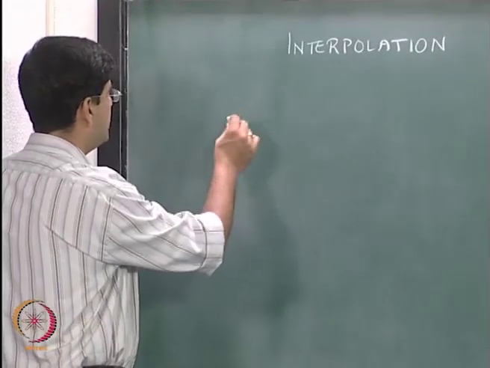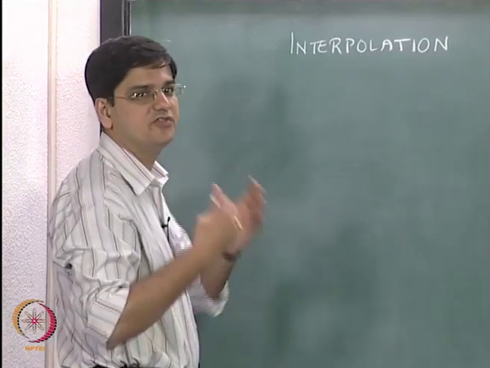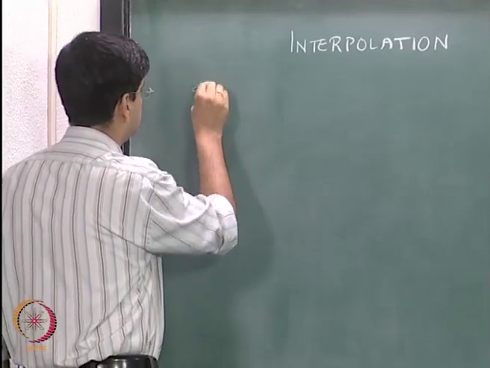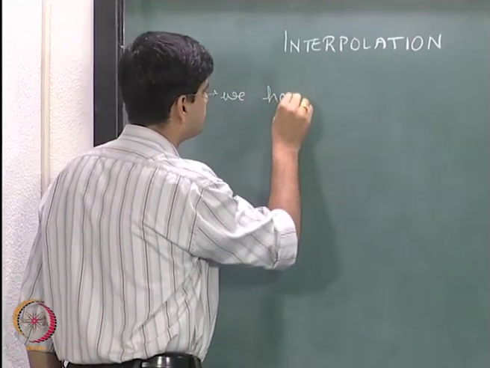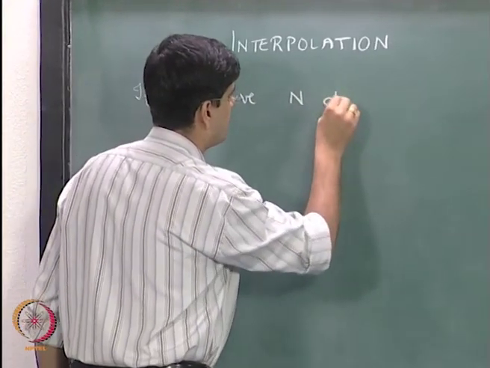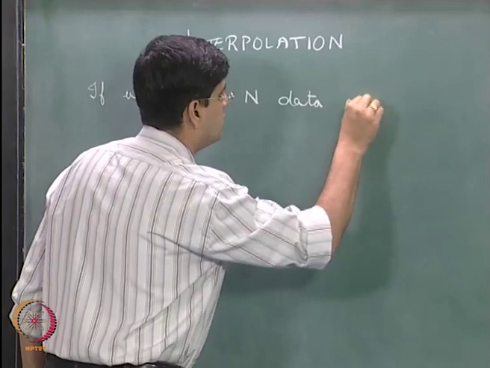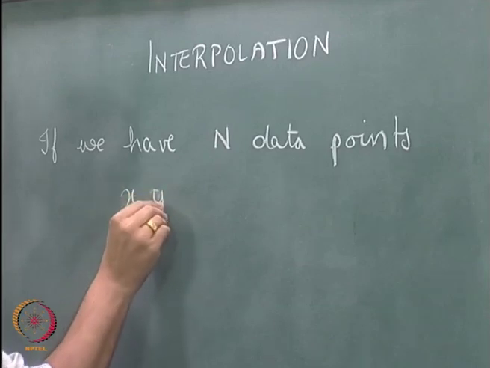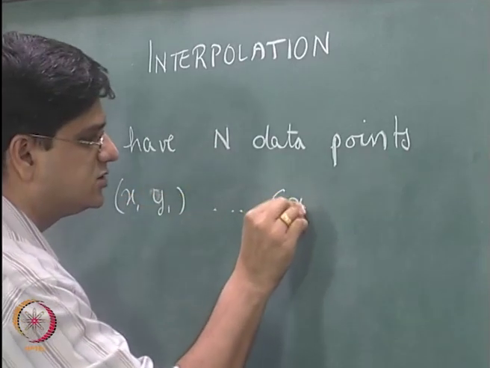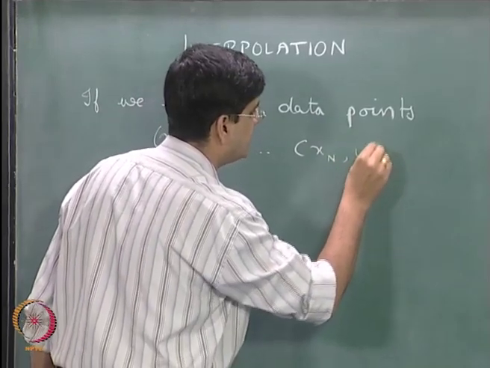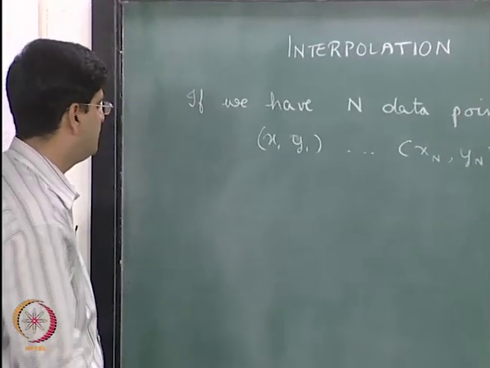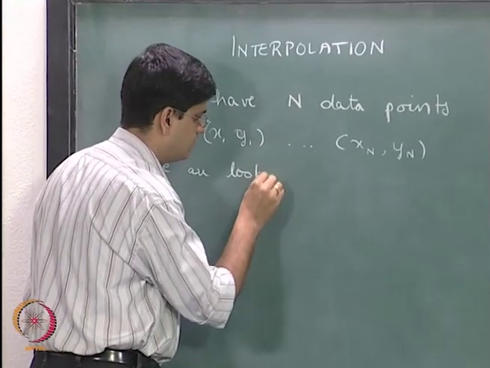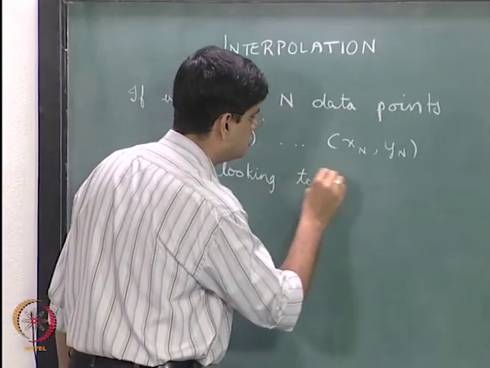So the idea in interpolation, or in extension of polynomial regression to interpolation, is that if we have n data points x1 y1 and so on up to xn yn, in interpolation we are looking for a method to join the dots.